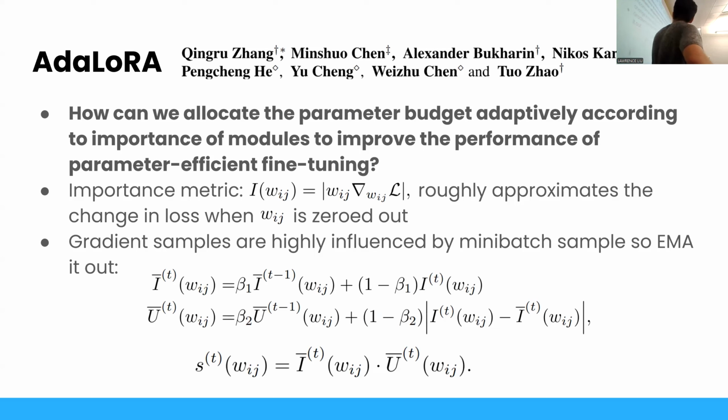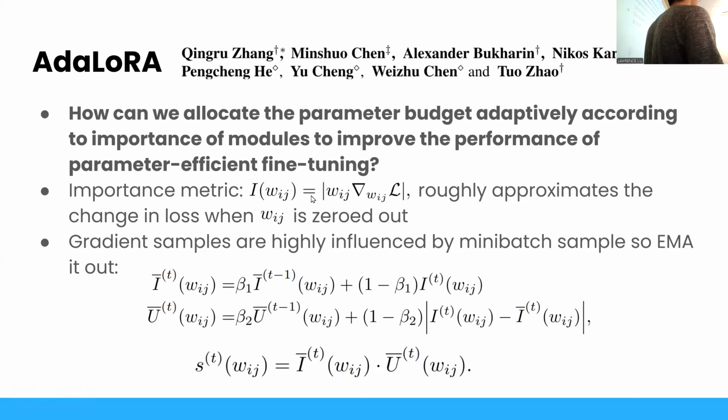Then the question becomes, how do we distribute this? So what this paper proposes is that they use an importance metric, which is given by the absolute value of the weight times its gradient.